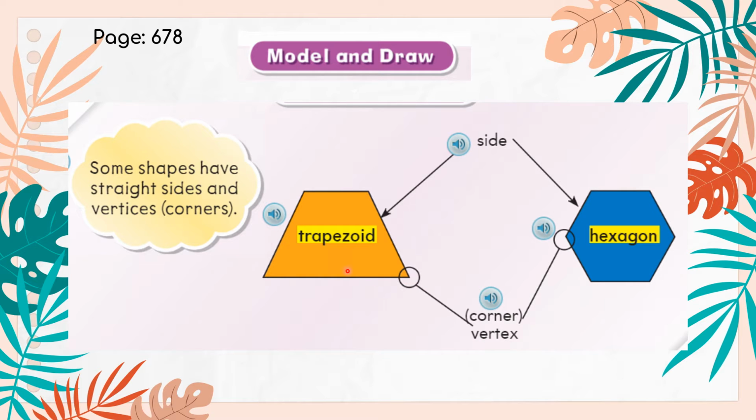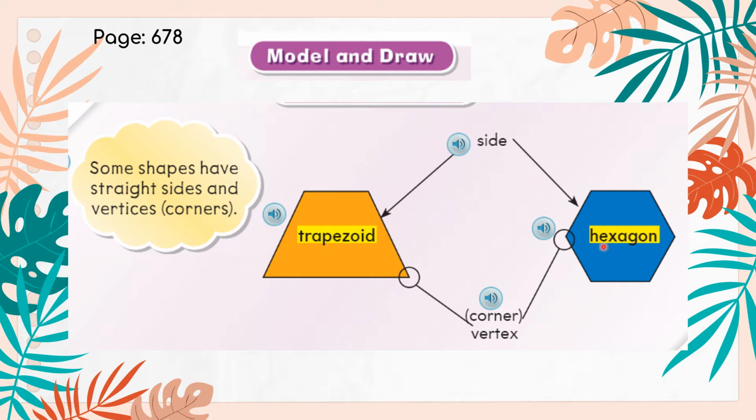So how many vertices are there in a trapezoid? 1, 2, 3, 4. How many sides are there in a trapezoid? It's 1, 2, 3, and 4. Now coming on to a hexagon, let's see how many vertices, which we can say corners as well, but the right term to use is vertices.